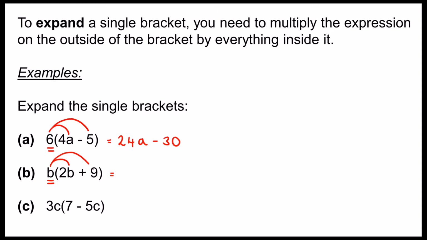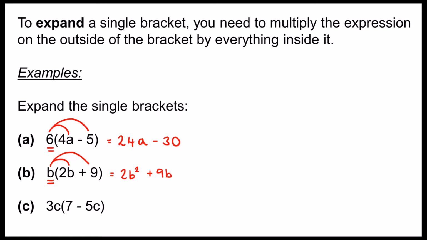I know that b times 2b would give me 2b squared, and b times positive 9 would be positive 9b. So again, that's my final answer. Again, we can't simplify this further because one part has a b squared and the other part only has a b, and therefore they're different terms and they cannot be collected together.